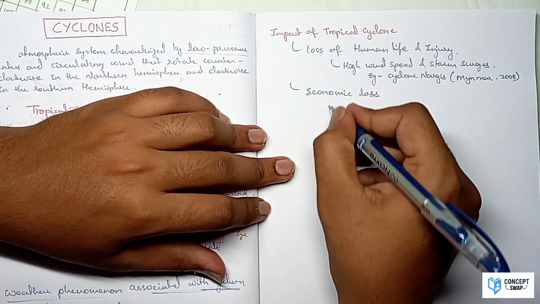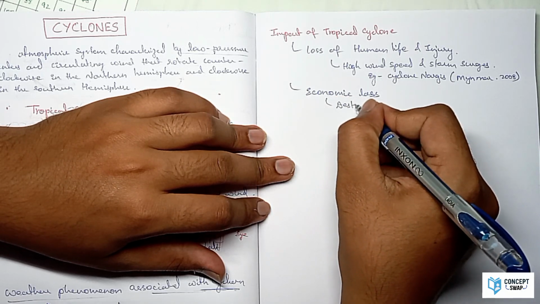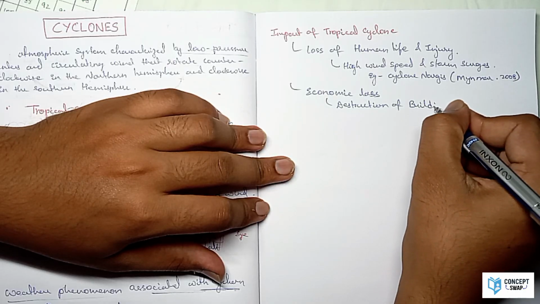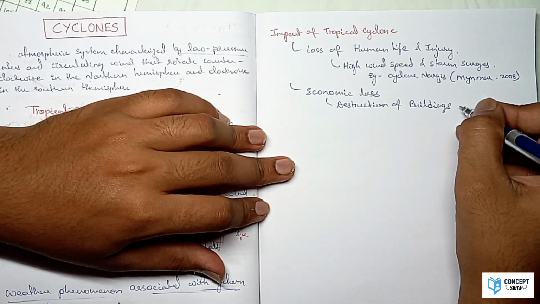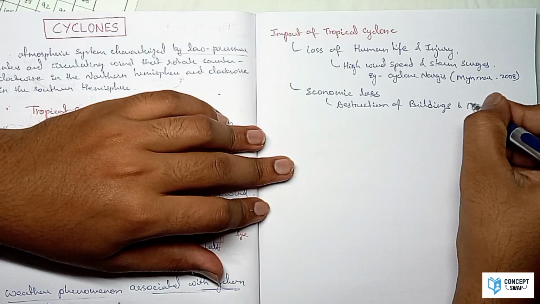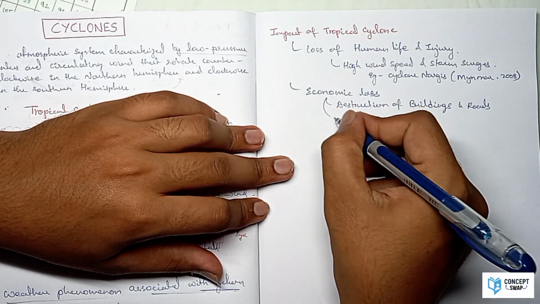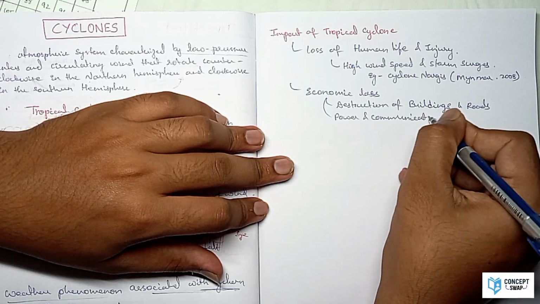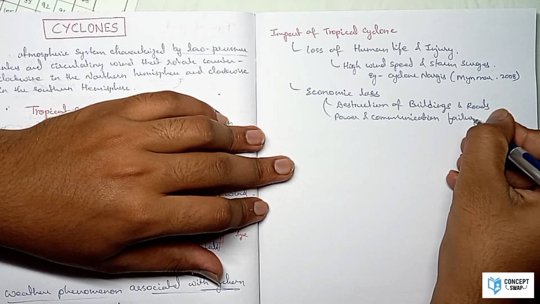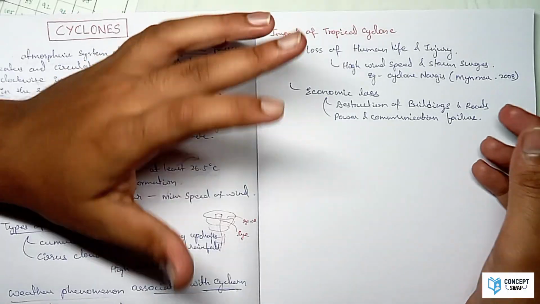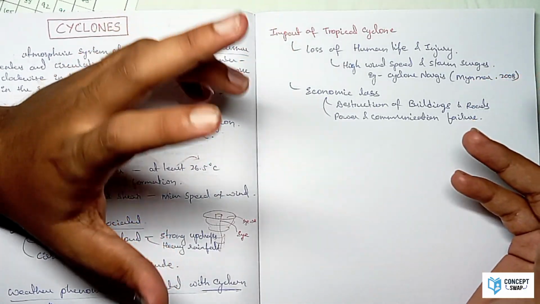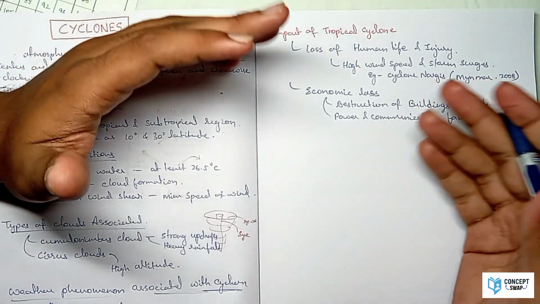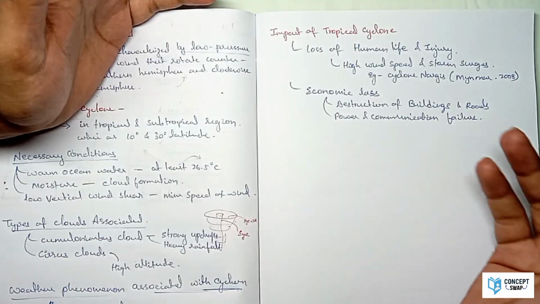And the second impact is economic loss. What are the economic losses? Destruction of buildings and roads, power and communication failure. Due to strong wind or heavy rainfall, the power will be cut, the wires will be cut, and there will be bursting of transformers.